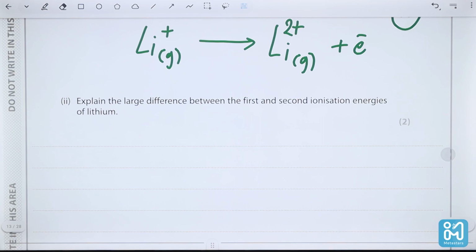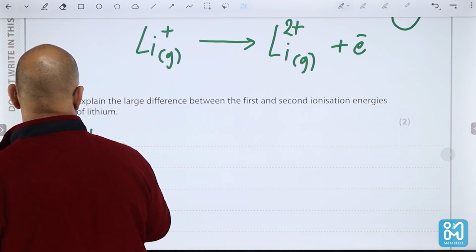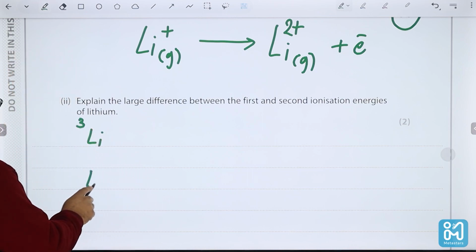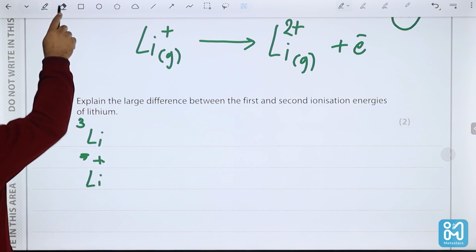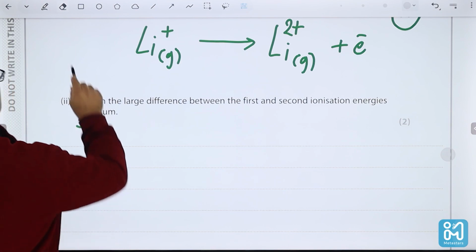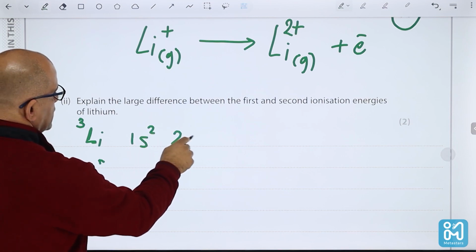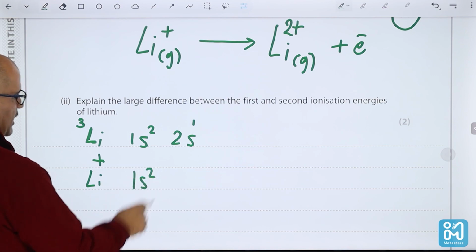Li has atomic number 3, and Li has 1s2, 2s1, while Li+ has only 1s2.